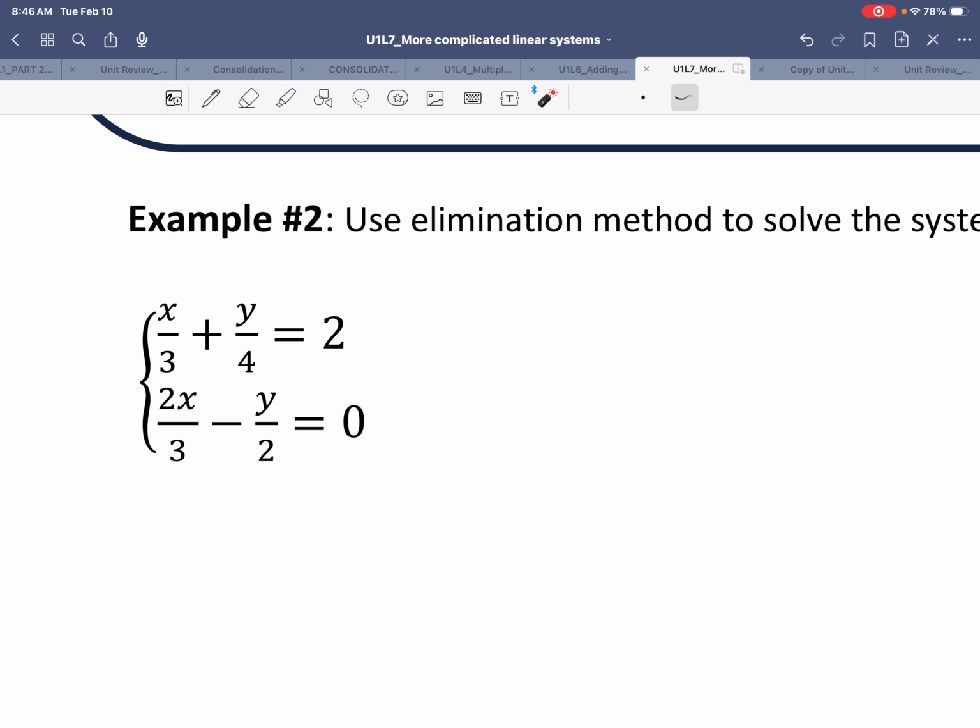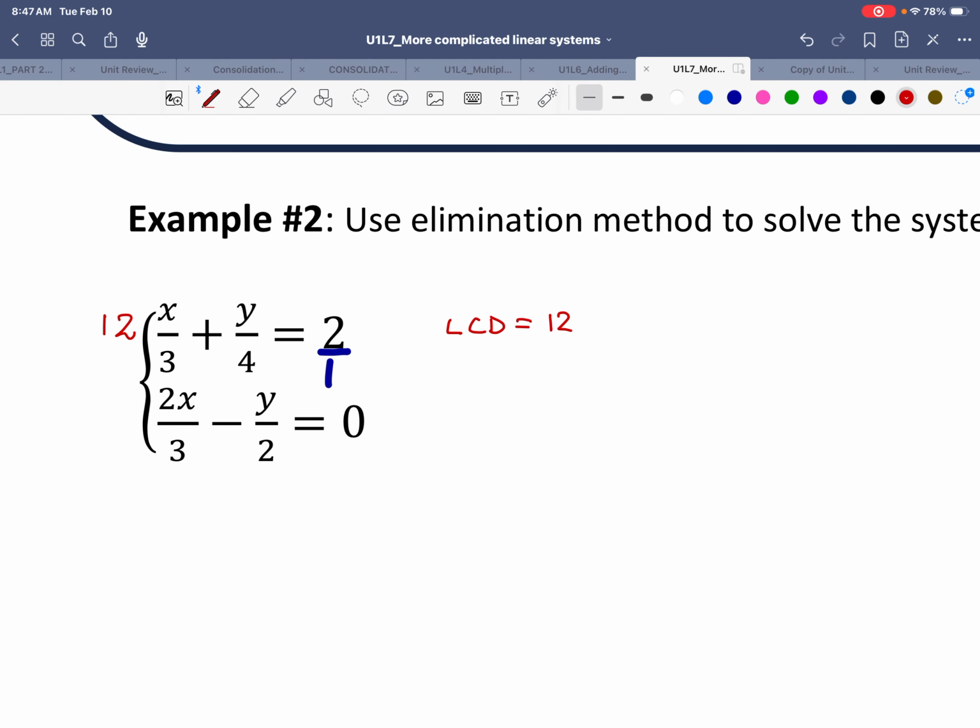So we're going to find the lowest common denominator of the first equation, which is, in our case, the lowest common multiple of 3, 4, and 1. So the lowest common denominator in the first one is going to be 12, which means that we're going to need to multiply by 12 every term in the first equation.